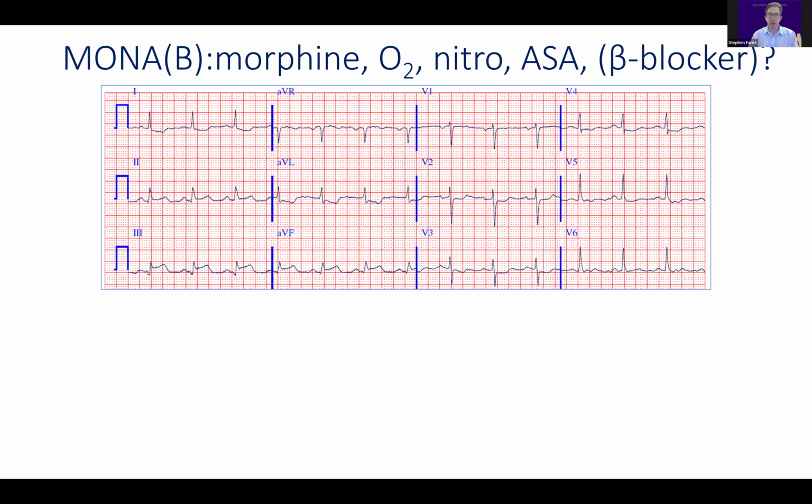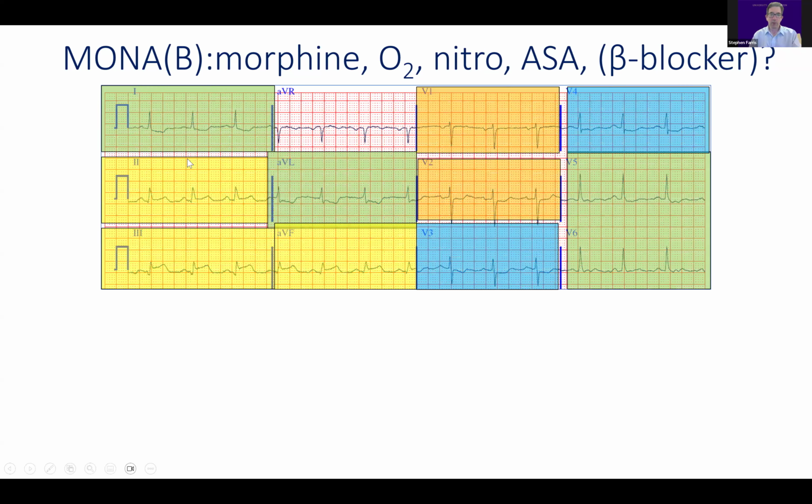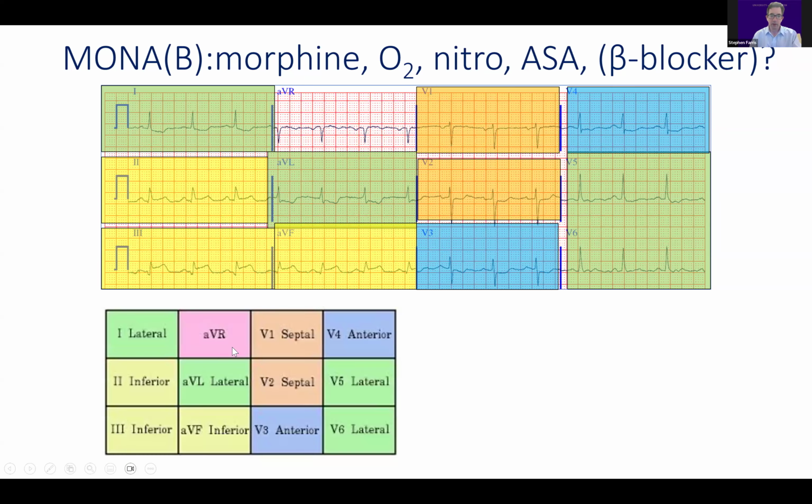Okay. So when we think about treatment for an MI, there is some importance on where the MI is happening. We want to break them up into inferior, lateral, and anterior septal regions, which are the contiguous leads. Why does that matter?